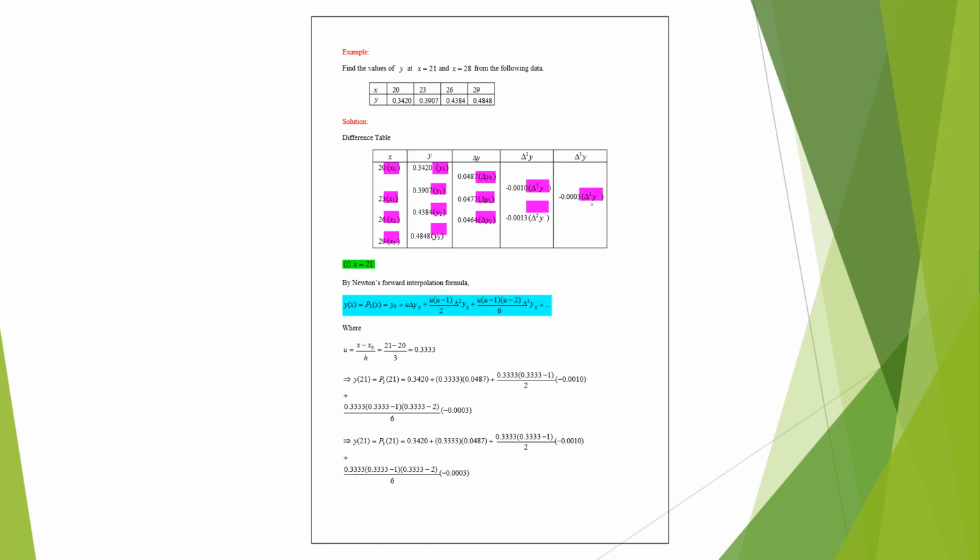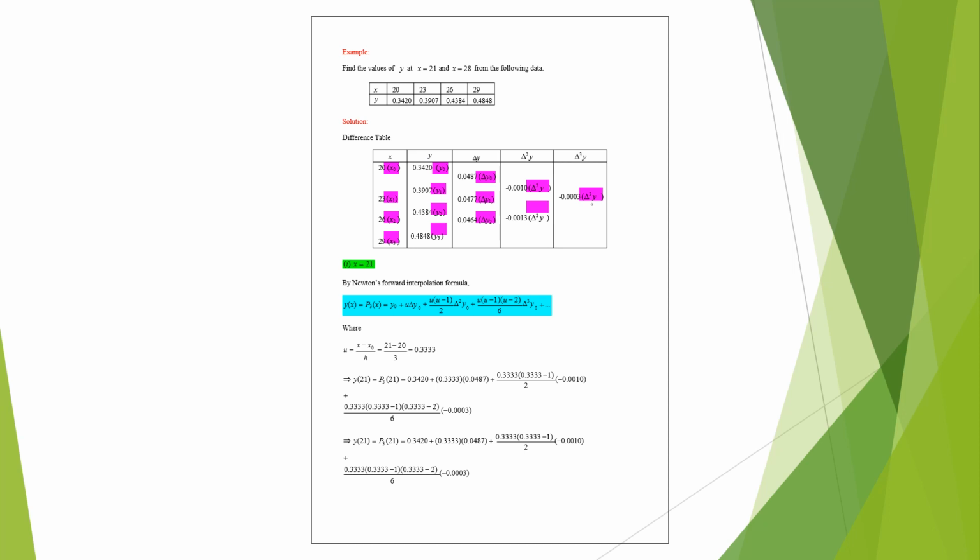And also find out the delta square y1. That is the difference between delta y2 and delta y1, which is equal to 0.0464 minus 0.0477. So this is the second order difference of y.